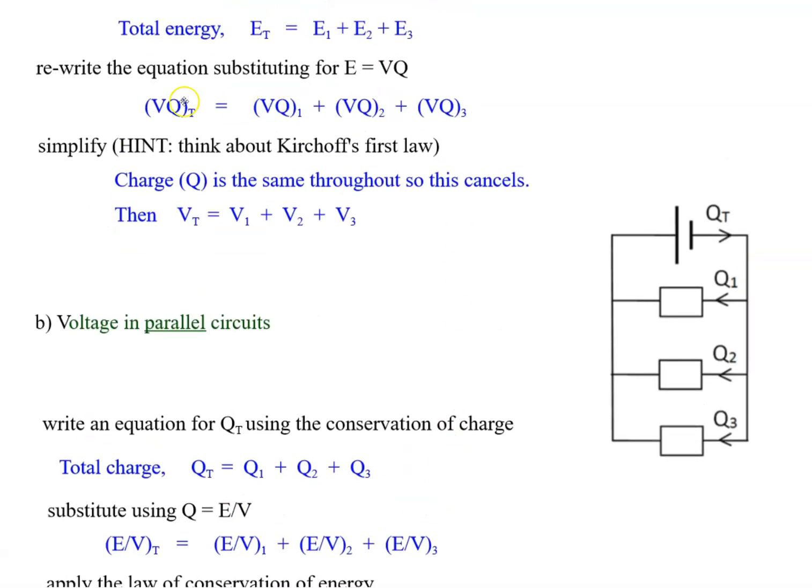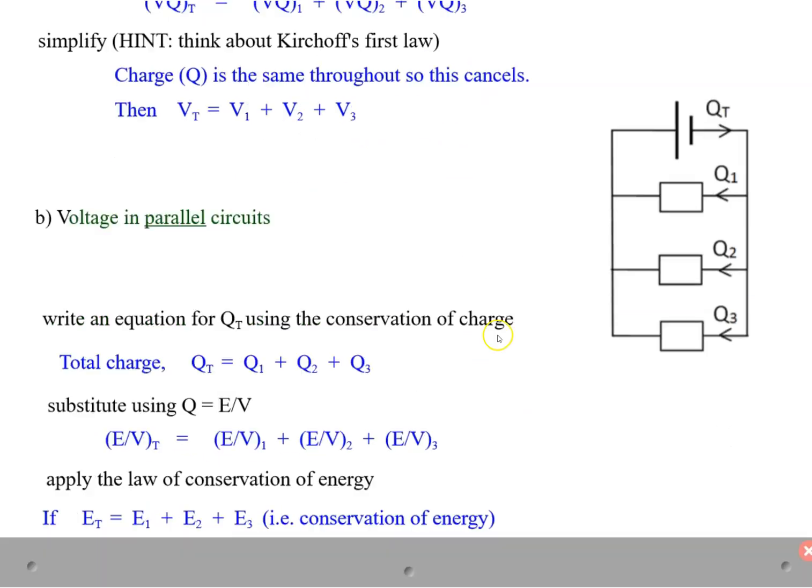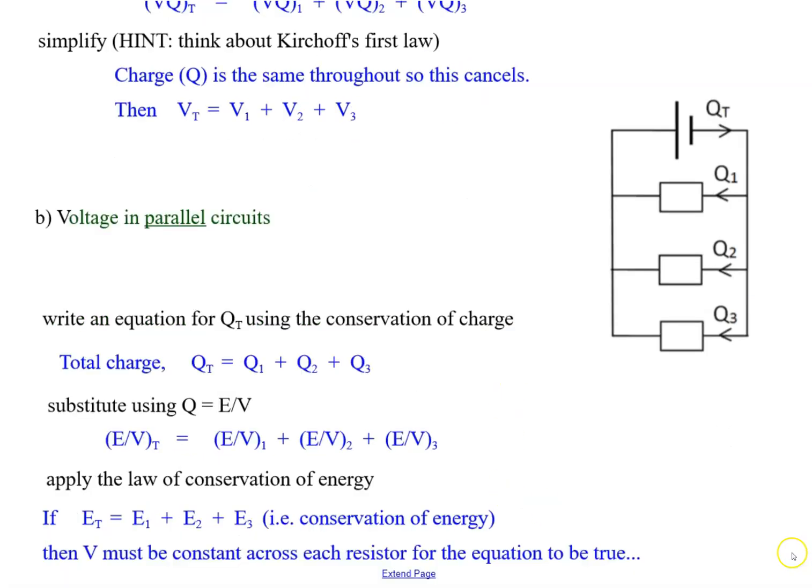I think it's easier, if we go back to this one here, to divide through by Q. I think we're used to doing that, but this is a little bit more tricky, conceptually, to get our heads around. But it must be true. So in order that energy is conserved, let's say the total voltage is 10, divide by 10, divide by 10, divide by 10, divide by 10. The value of the voltage must be the same for each of these terms, otherwise energy would not be conserved.